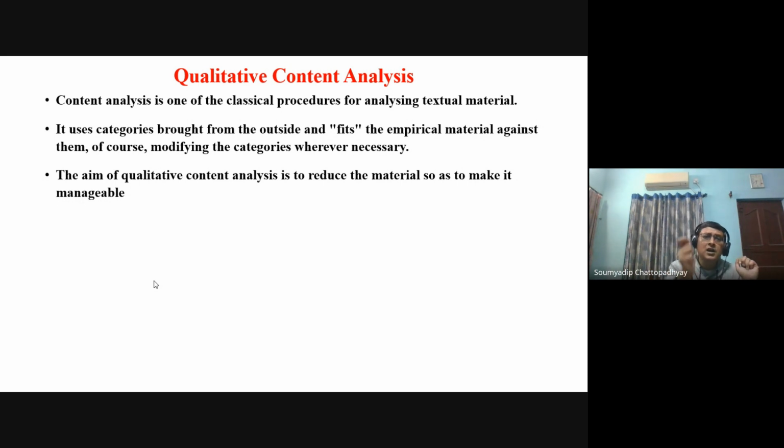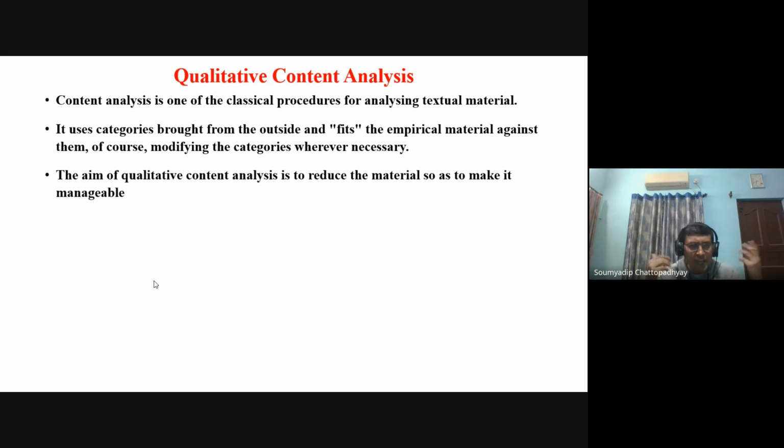Rather, you are borrowing your categories from outside, from the existing literature, and then you try to fit those categories into your empirical material. In that process, if your categories require any modification, then you can do that. That is basically the approach of qualitative content analysis, and this is precisely why it is considered different from coding analysis, but both are widely used in qualitative research.